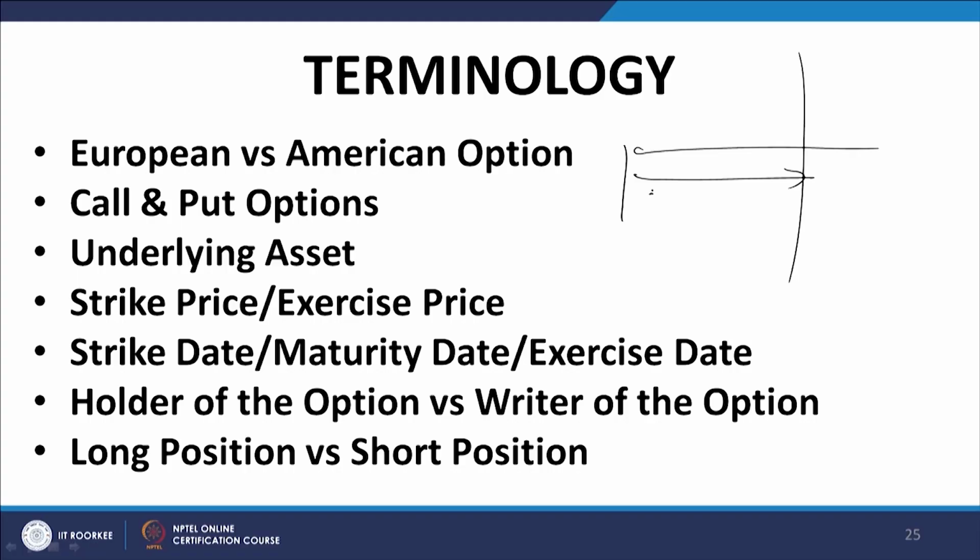The strike price and the exercise price: as I mentioned, options give the right to buy or sell at a predetermined price, and that price is called the strike price or the exercise price. And the date on which the option, in the case of European options, becomes exercisable is called the date of maturity or the expiry date. Similarly, in the case of American options, it is the date up to which the option can be exercised.